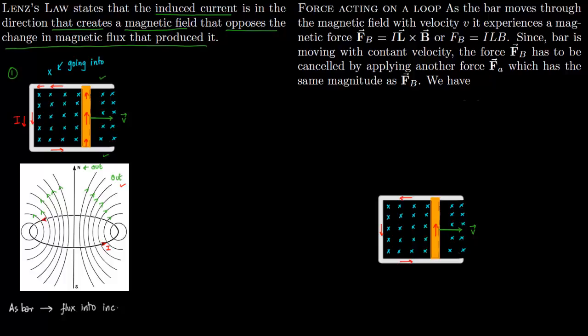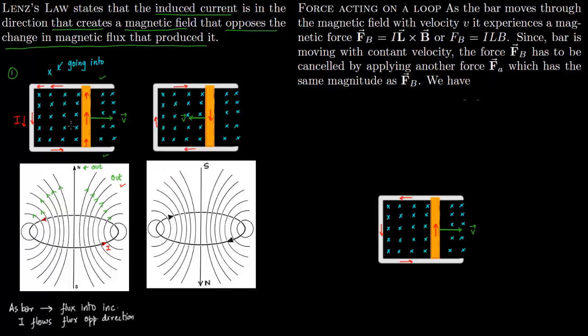Lenz's law states that we are going to produce current, and this current will have its own magnetic field which will oppose this increasing flux. So it produces flux in the opposite direction, trying to oppose the increase in flux into the screen. This opposition is done by producing another flux which is out of the screen.